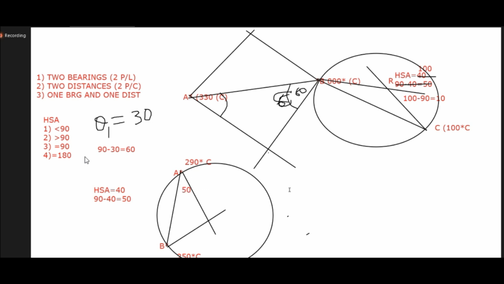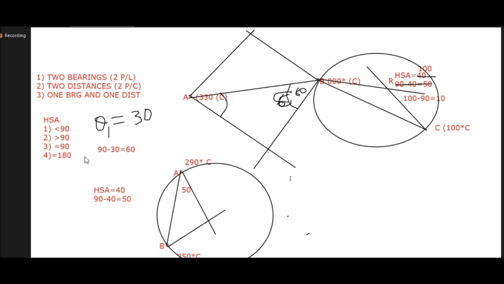So the theory is the same. You only have to see the position, bearing, position of the lighthouse, where it is. On that basis, common sense. Don't put too much thought into it. Only remember: theta less than 90, draw towards the vessel; theta more than 90, opposite side of the vessel. Just remember these two, nothing else.